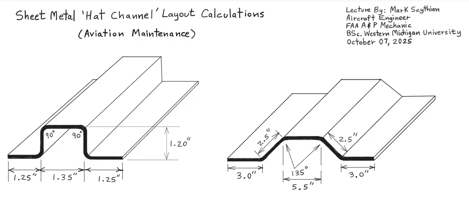So the first thing before we even attempt to go and bend sheet metal, we can only bend, we can never unbend.